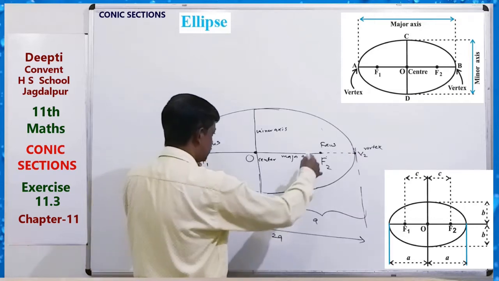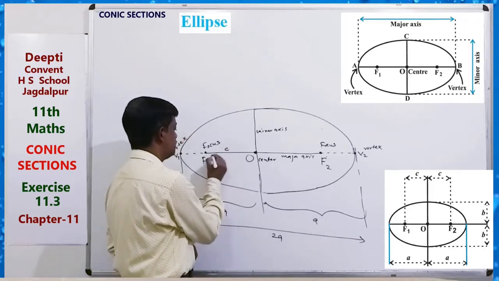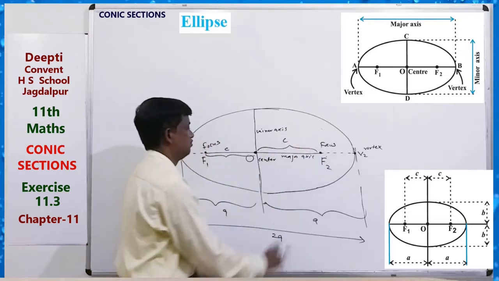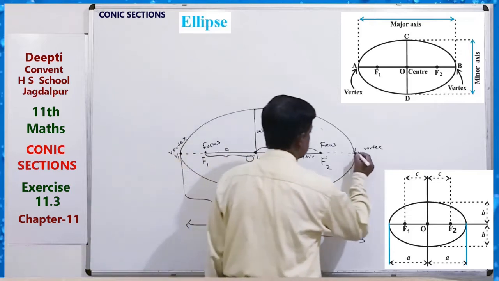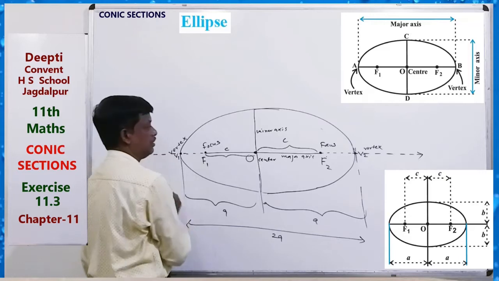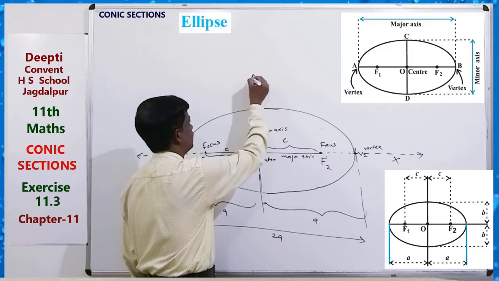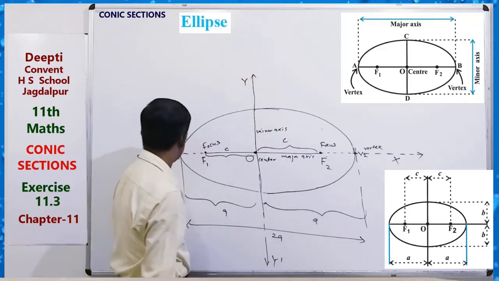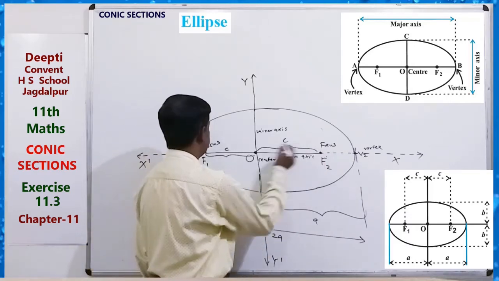And also the distance between the two foci is 2c. That is, this distance is c and this distance is c. Clear? And suppose after extending, this is the x-axis and this is the y-axis. Then the coordinates can be written.